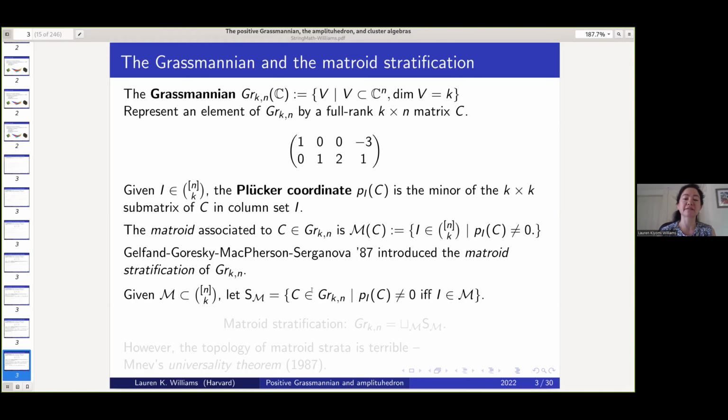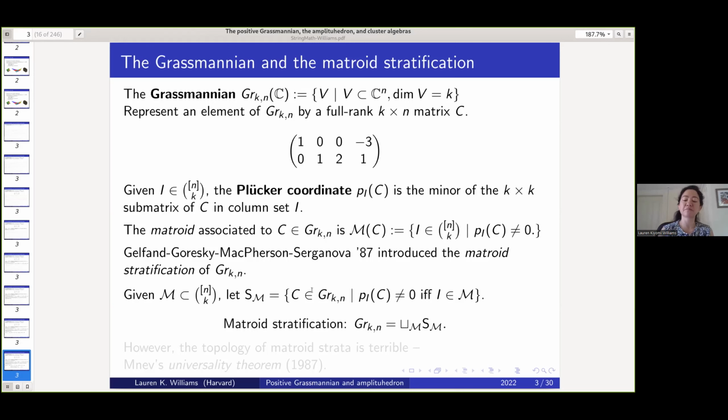That's the stratum S_M, and this gives a decomposition of the Grassmannian into these matroid strata. We're really just decomposing the Grassmannian into pieces based on which Plücker coordinates are non-zero.